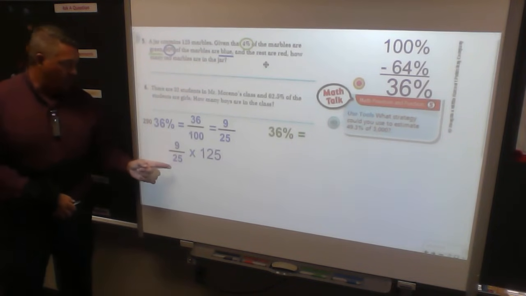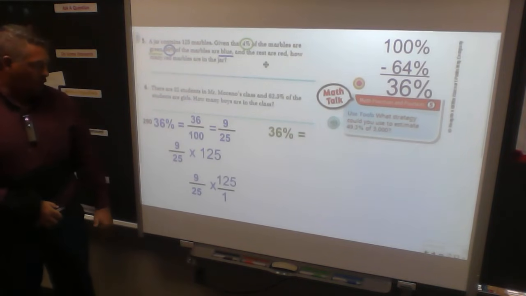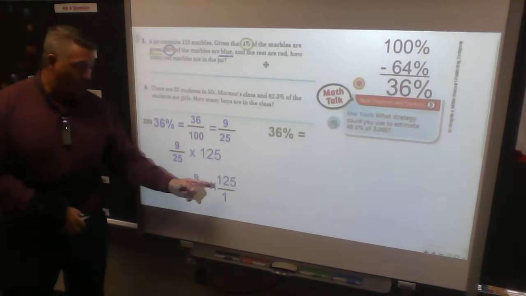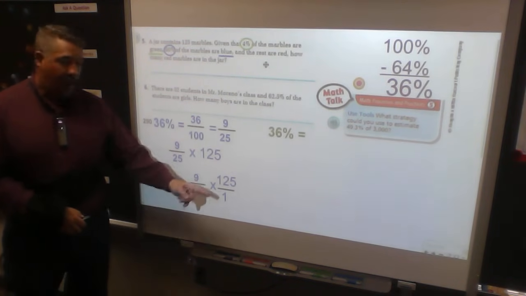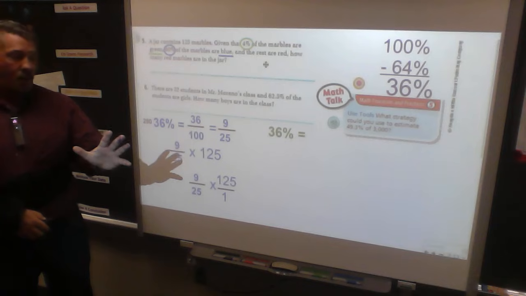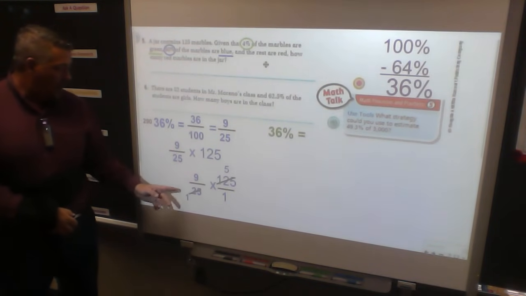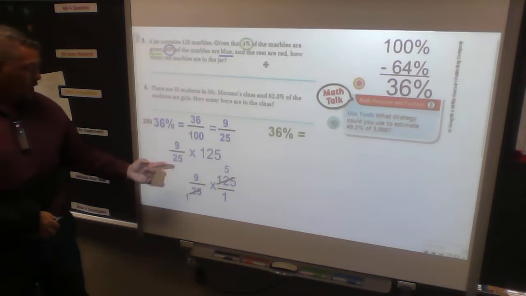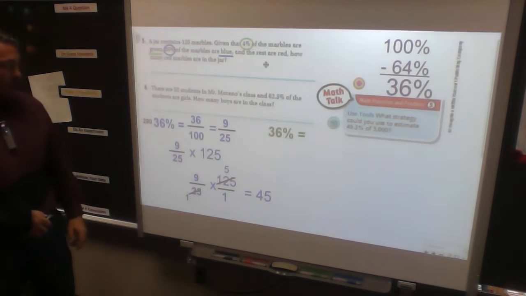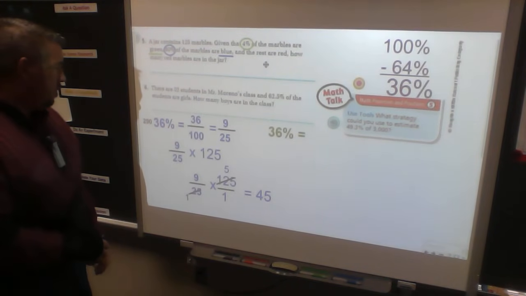So 9/25 times 125, and I have to put my whole number over 1. I can see that the quarters will go into both of those, right? I can reduce by 25 and 25, and I get 1 here and 5 here, and then I'm multiplying across. 9 times 5 is 45. I get rid of my 1 because it's not a ratio, rate, or unit rate.